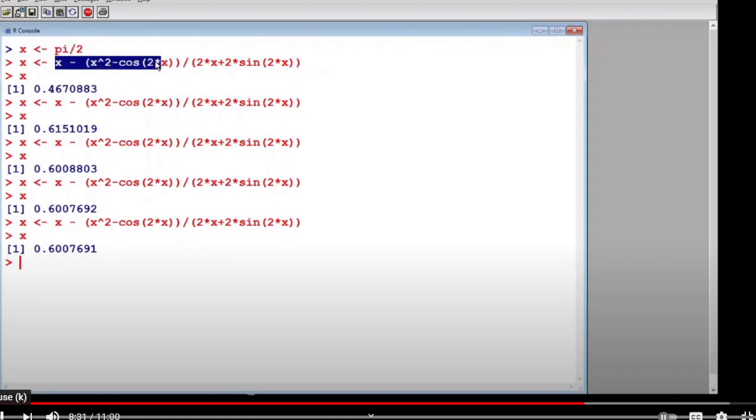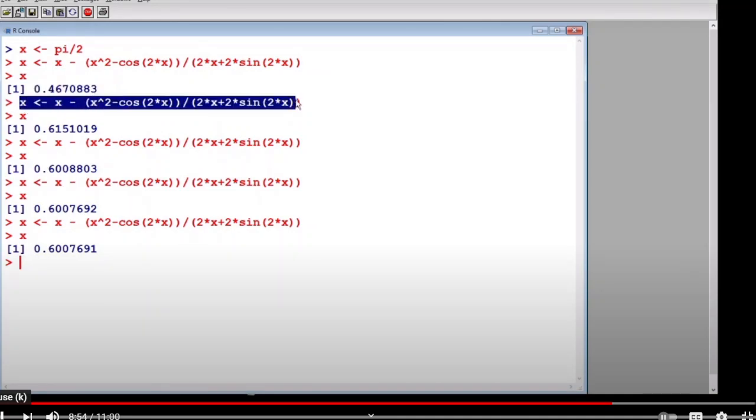This is Newton's method formula. Use x0 and Newton's method formula to calculate the value of the next approximation and store the value in x. This is x1. Use x1 and Newton's method formula to calculate the next approximation and store the value in x. This is x2.